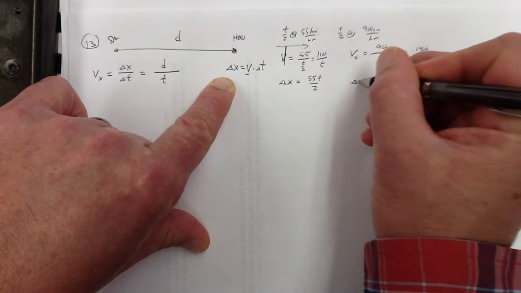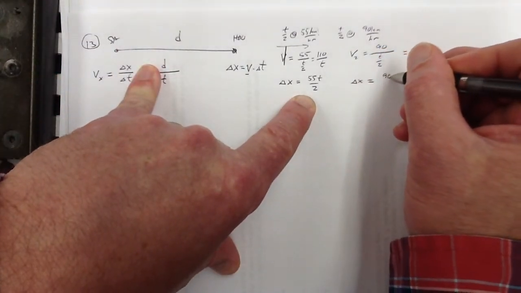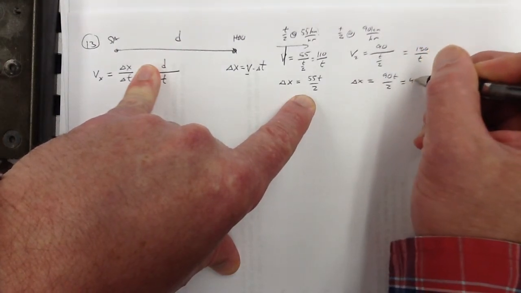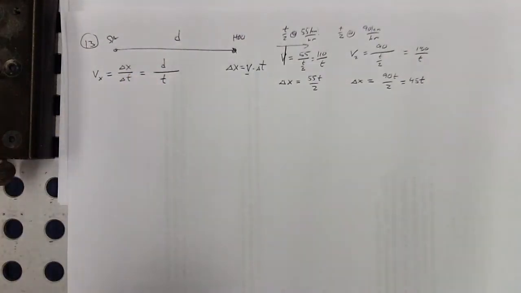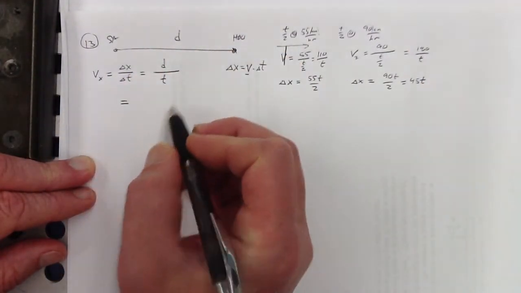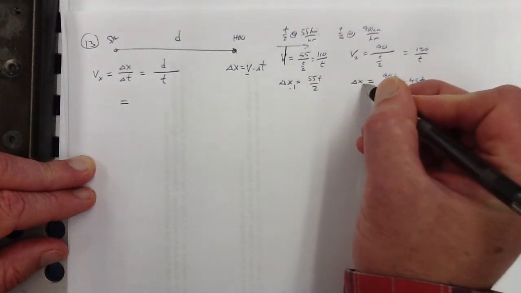And then my delta x here is 90t over 2, which is 45t if you like to simplify things. Plugging that in for the total distance, my total distance is the sum of those two.